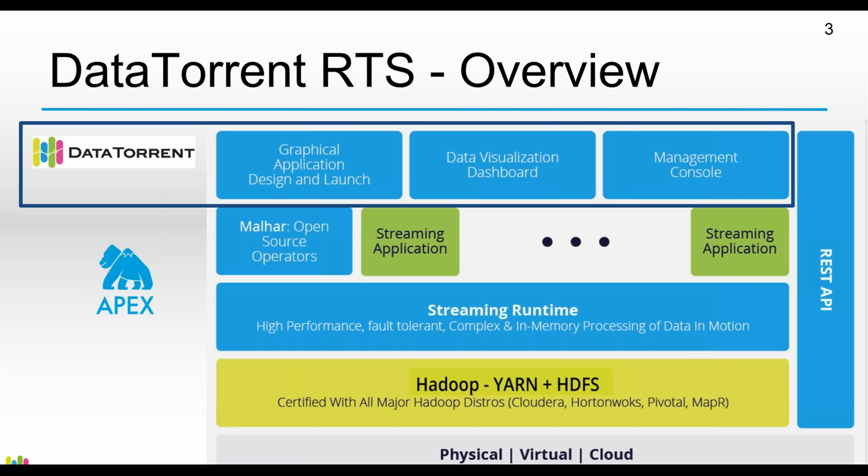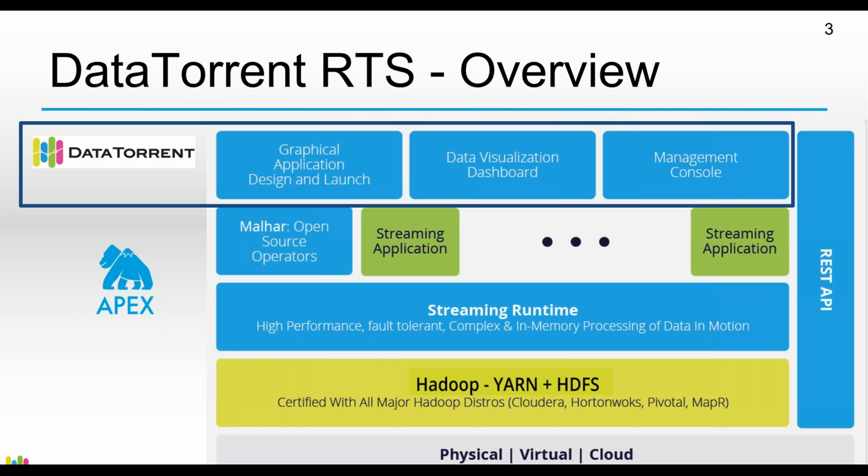The layer of streaming runtime, which is Apache Apex, and the layer above it, Apache Malhar, these two are open source, available in the ecosystem. You can download them through GitHub. The layer above, which is the visualization, the management console, and a graphical way of deploying what we call the directed acyclic graph, is what is available as part of DataTorrent RTS, which is the enterprise version of this platform.